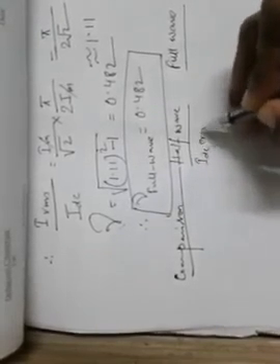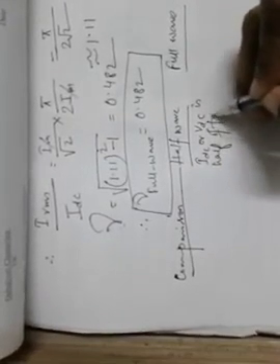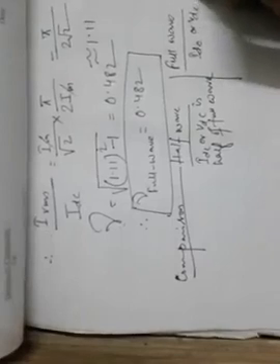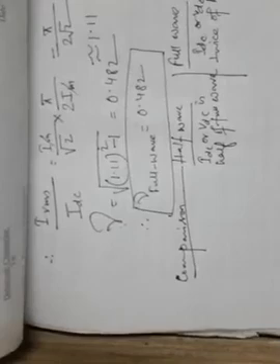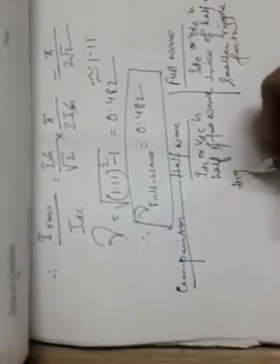So this is one of the comparisons. Another comparison is that the ripple factor of a full wave rectifier is also smaller, the ripple factor for full wave is lower, half wave has a higher ripple.